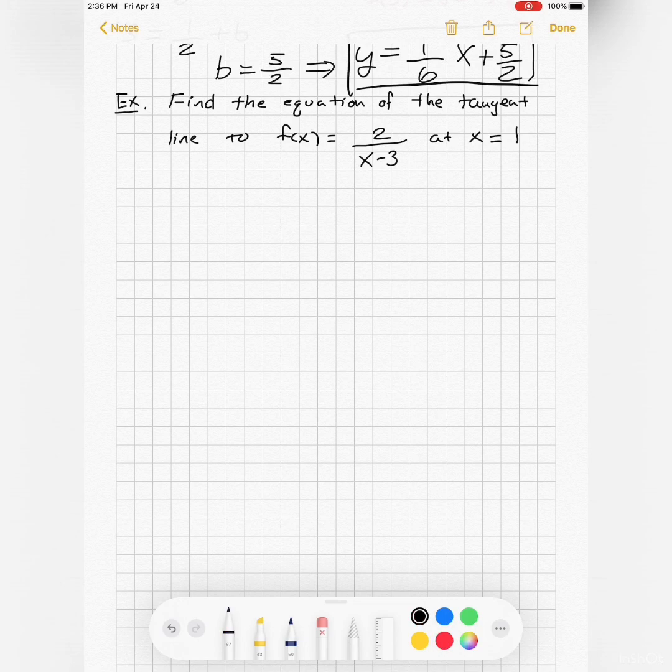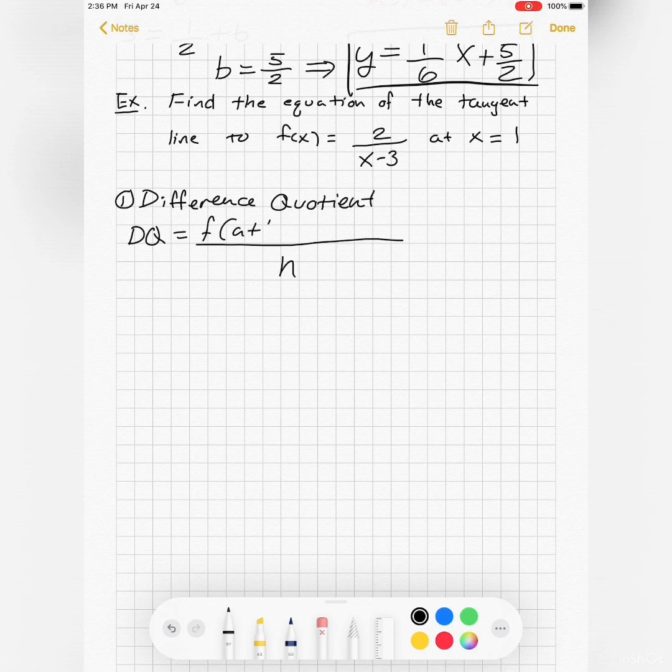Find the equation of the tangent line to the rational function f of x is 2 over x minus 3 at x equals 1. Okay, so again, the first step is finding the difference quotient. So the general formula for that looks like so.